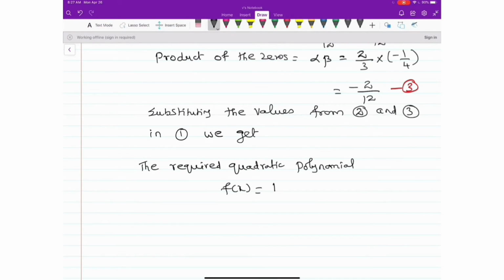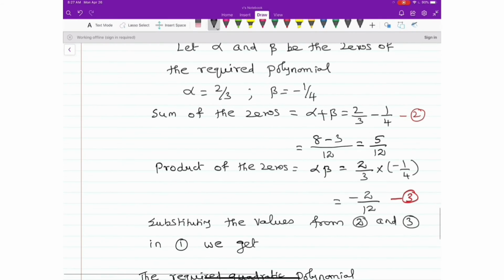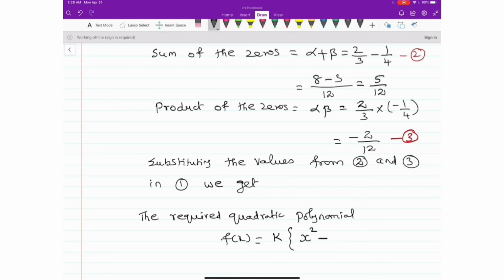is equal to k into x square minus, see here, sum of the zeros into x plus product of the zeros. So, sum of the zeros we are getting as 5 by 12 and product of the zeros we are getting as minus 2 by 12. So, when we substitute, we will be getting here 5 by 12 x minus 2 by 12.